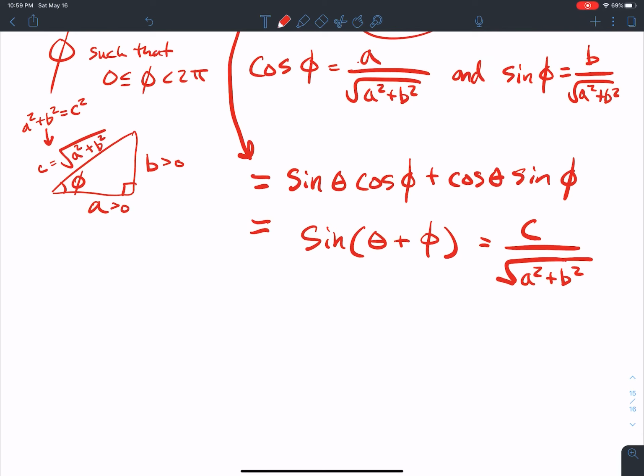Now, one thing to note, what is the longest side of a right triangle? It's the hypotenuse. So what do I know?